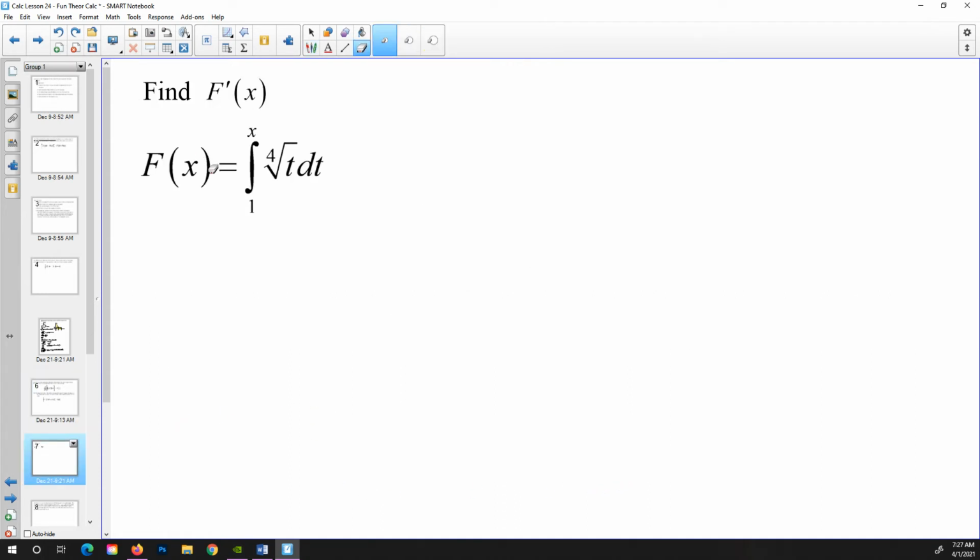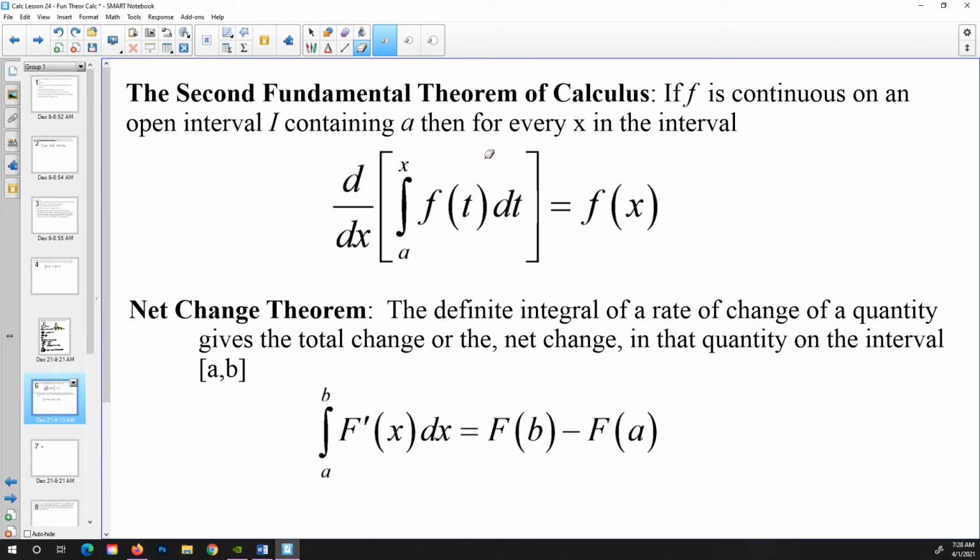Here we have an example where it says find f prime of x, and it is given f of x is equal to the definite integral from 1 to x of the fourth root of t dt. Now, this thing fits this second fundamental theorem of calculus. We have a constant, we have a function, we have x as our upper limit of integration, and we have our variable of integration matching the function value.